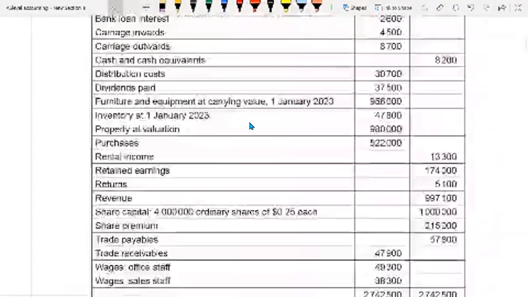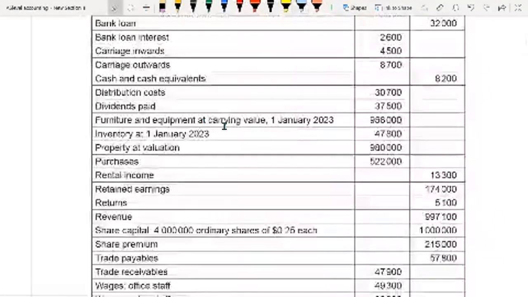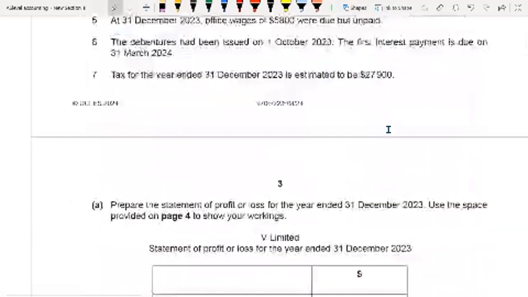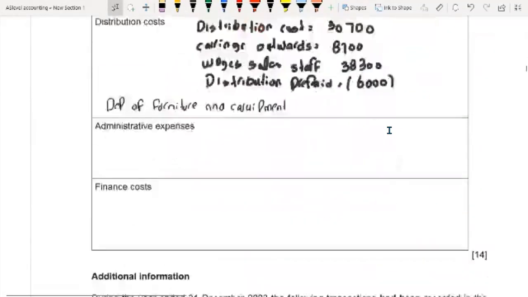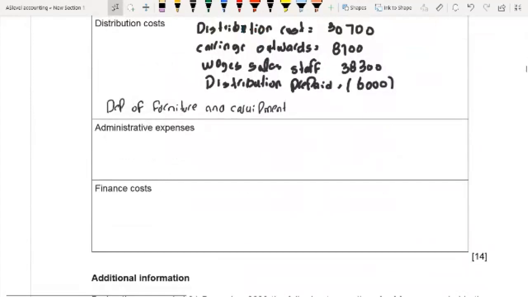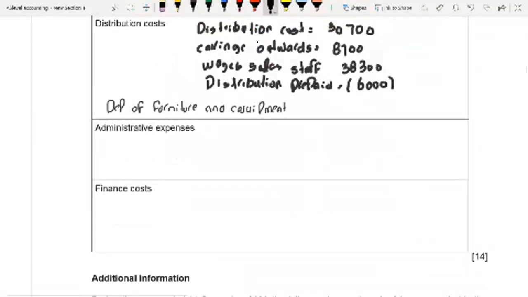Now let's see what its net book value is. If you see the carrying value written here for furniture and equipment, it is 9 lakh 56,000. So let's find out the depreciation on this. 9 lakh 56,000 multiplied by 20%.